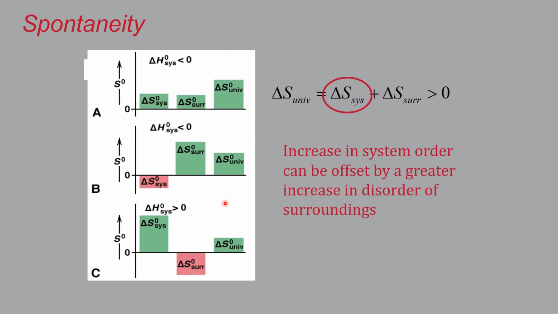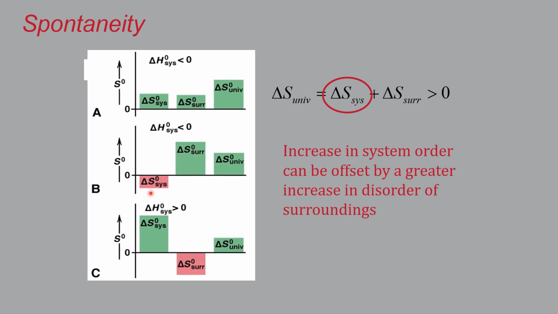So an increase in system order, or a decrease in system entropy, like this case B right here, can still be made spontaneous, such that the increase in system order is offset by a greater increase in the disorder of the surroundings.